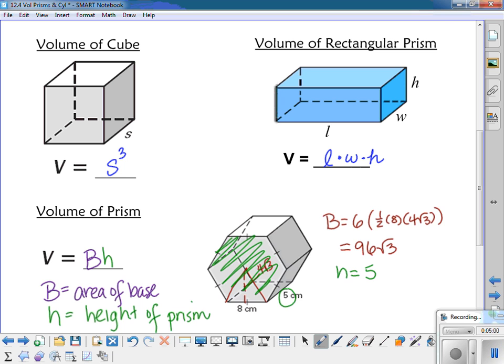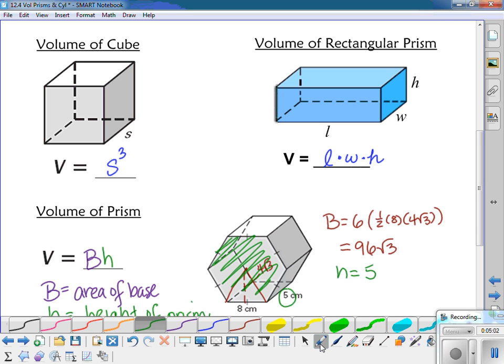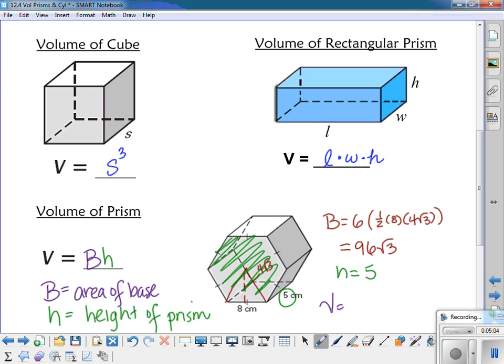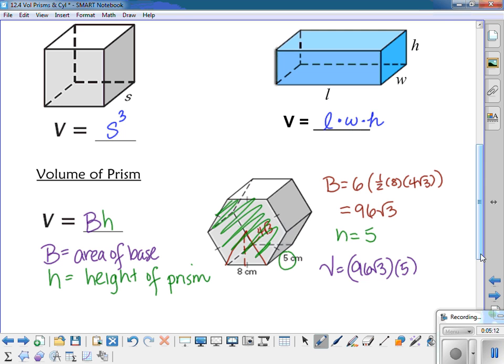It would stand the 5 centimeters. And so the volume is just the area of the base, 96 root 3, times the height of 5. And that comes out to approximately 831.4, and that would be centimeters cubed.